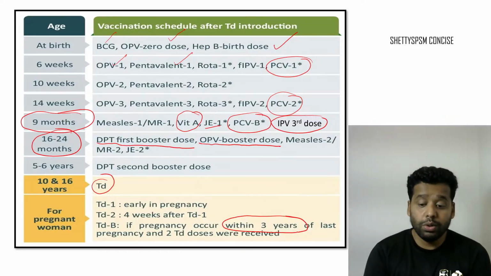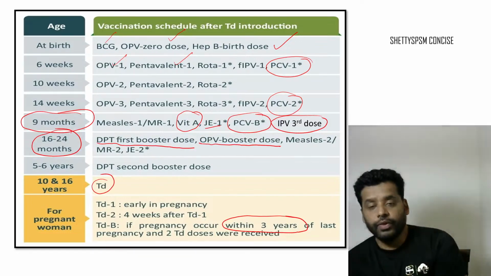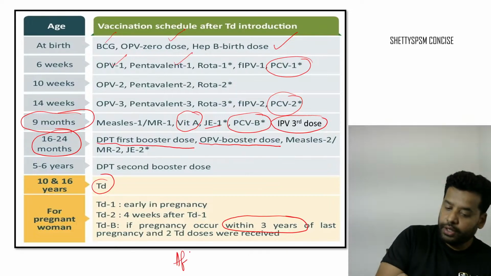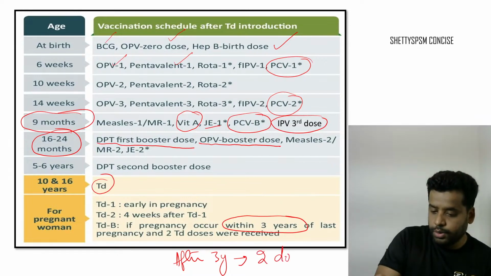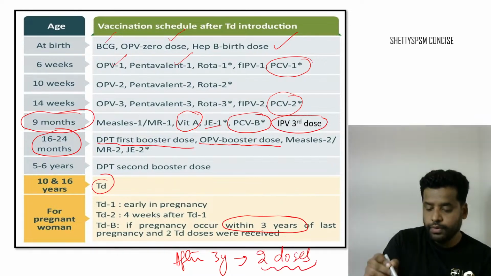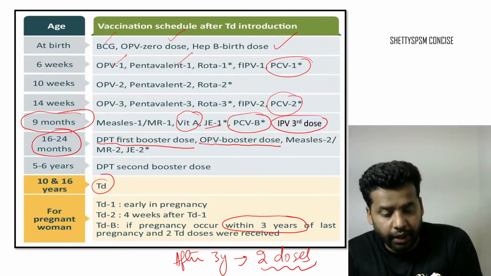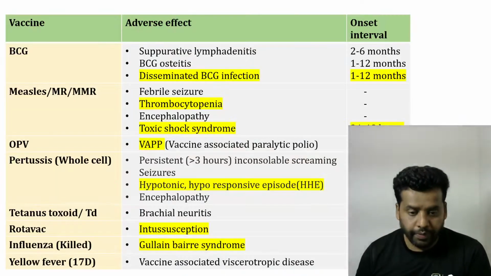Then if she is pregnant within 3 years, she has to take a booster. After 3 years, if she is pregnant, she has to take 2 doses again. What is the role of the booster? Only if she is pregnant within 3 years. After 3 years, she has to repeat 2 doses.